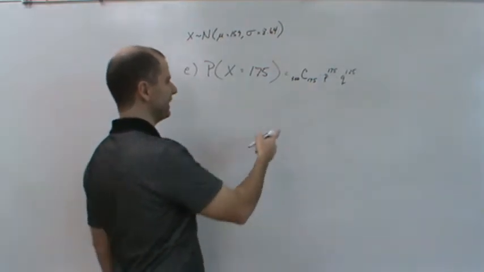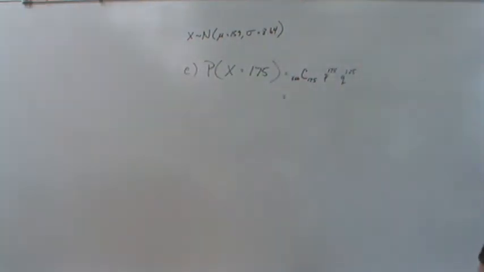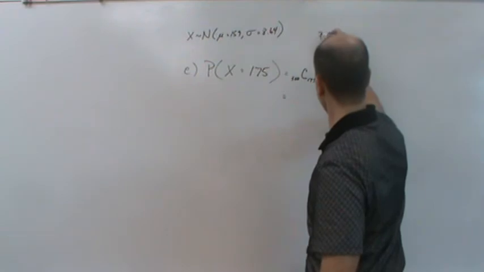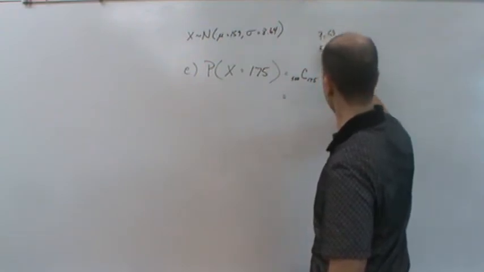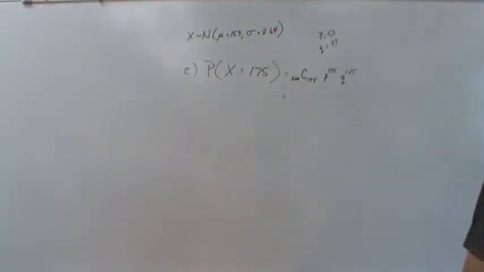I can easily stick this in my calculator. Remember, p is equal to 0.53 and q is equal to 0.47. So I can just plug and chug at this point.